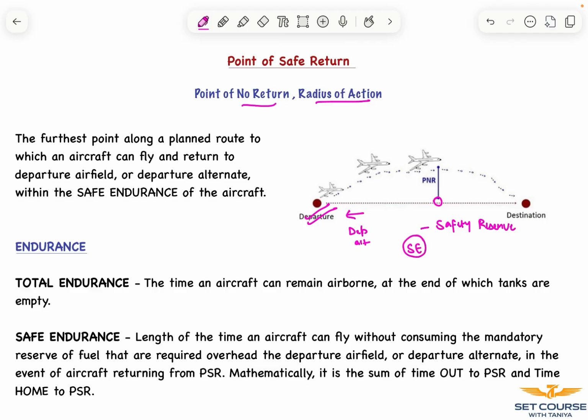With this definition, we got to know that point of safe return is actually a distance based and an endurance based subject. Now, since we have used this word endurance so many times, what does endurance actually mean?